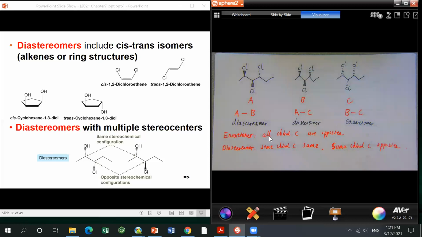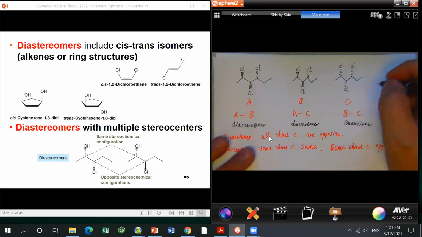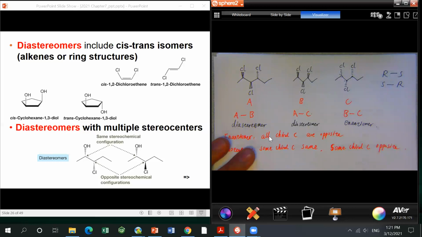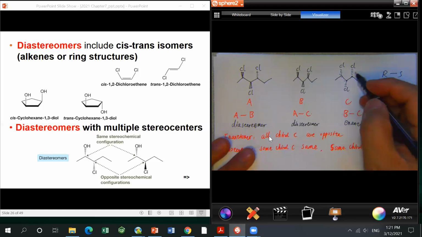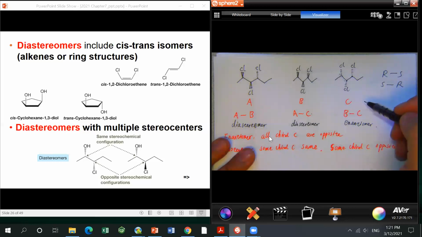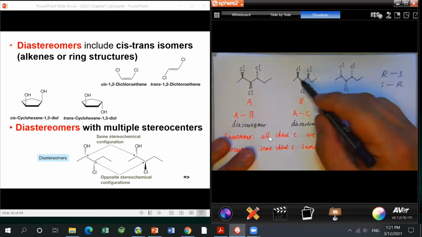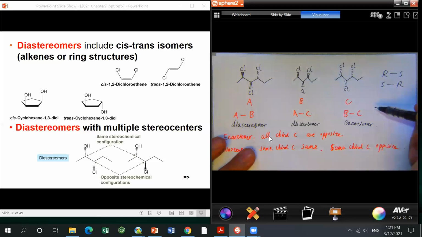Question. Opposite means here one stereocenter is R, another stereocenter will be S. One directly way to view it is the dash and wedge. If one stereocenter is connected by a dash, another by a wedge, it has to be opposite.